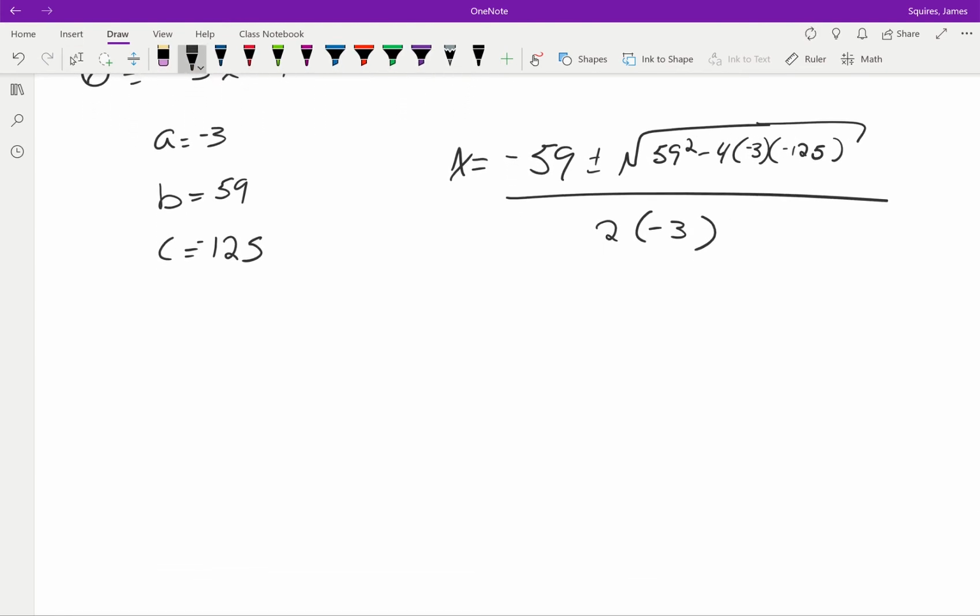This is going to take some work. 59 squared equals 3,481, minus 4 times minus 3 times 125 equals 1,500.